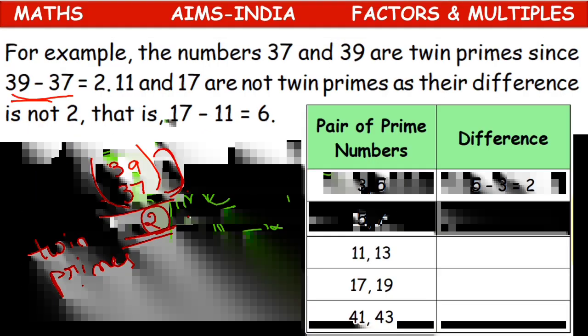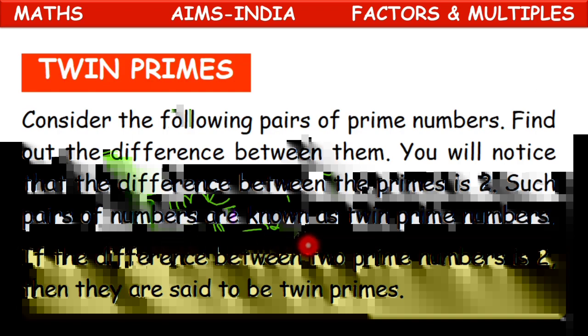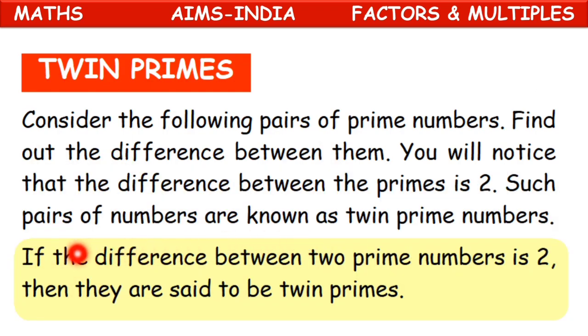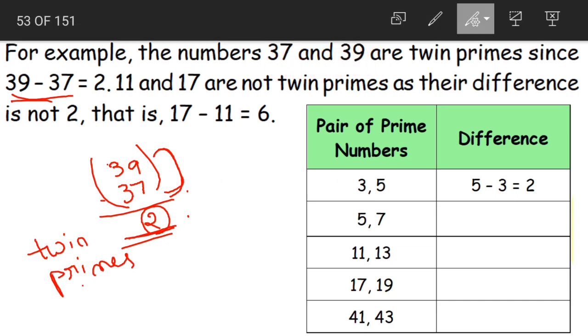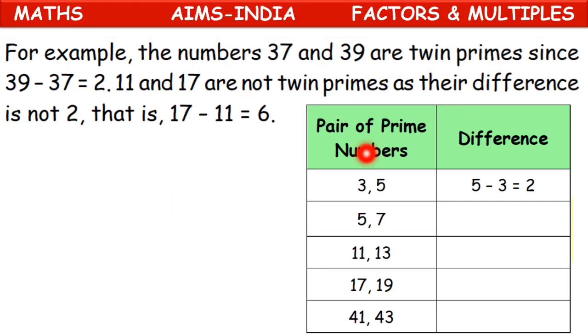See, if the difference between two prime numbers is 2, then they are said to be twin primes. Okay, children, remember this carefully, it is necessary that the given numbers are both prime numbers. They both should be twins. That means they both should be our prime numbers.